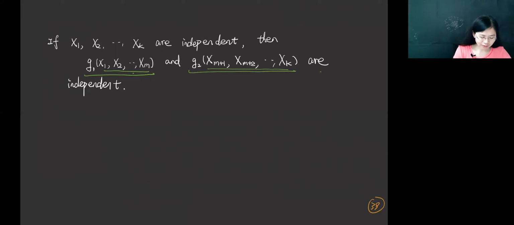So the key for these transformations to be independent is for the two transformations to use disjoint sets of random variables. As long as they use disjoint sets of random variables from this independent group, these two transformations are independent from each other.